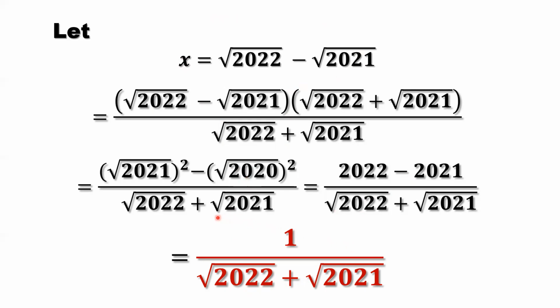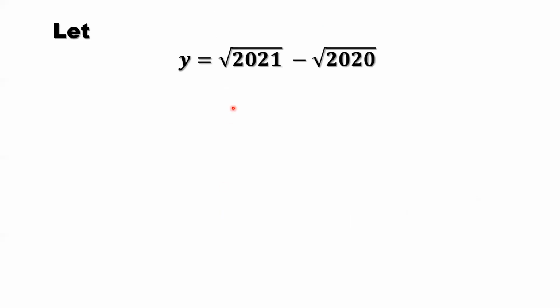Similarly, we can repeat the same idea for the second number, which we define as y. y equals square root of 2021 minus square root of 2020, two consecutive numbers inside the two root signs.